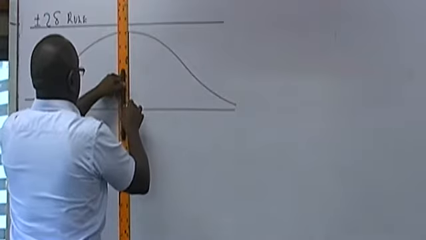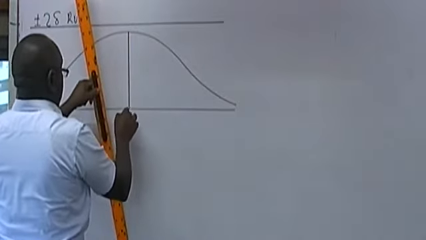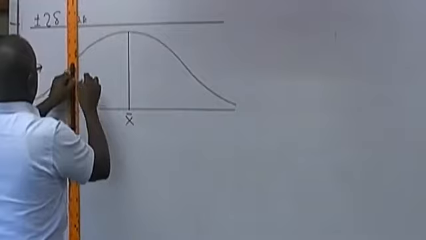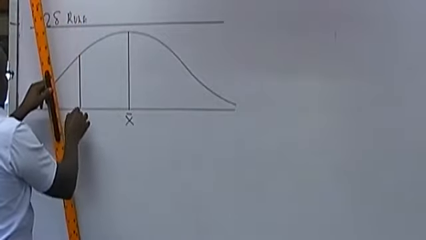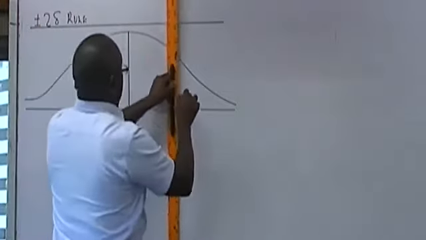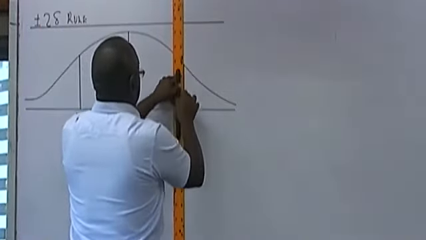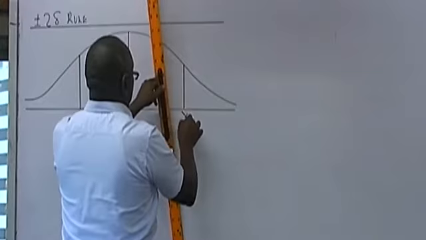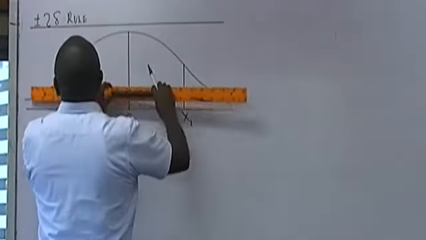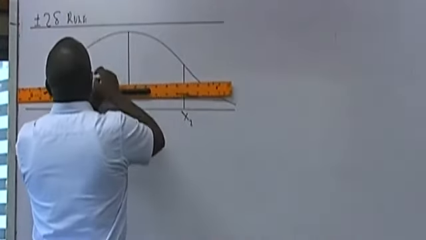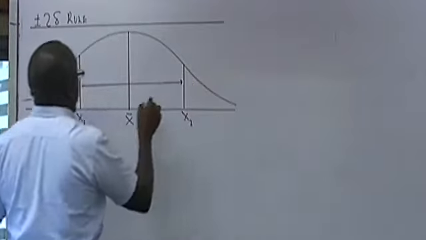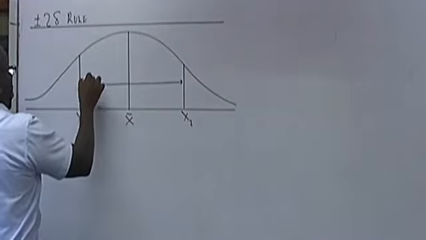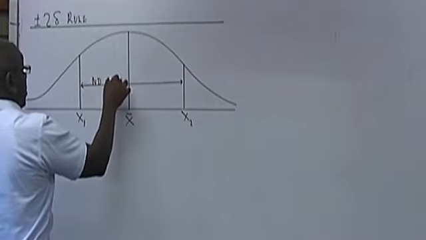Now this is X bar, and this one is X1, and this one is X2. Then if you are in between here, huwa tunasema no investigation.